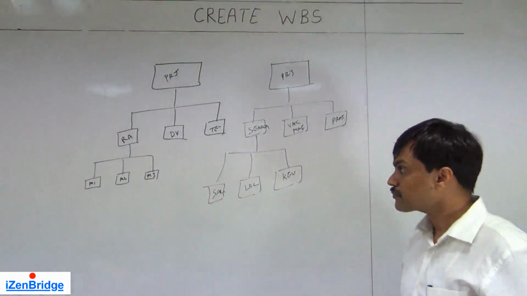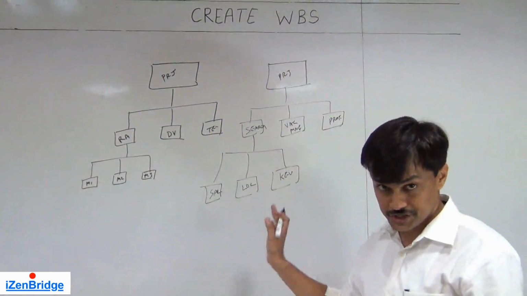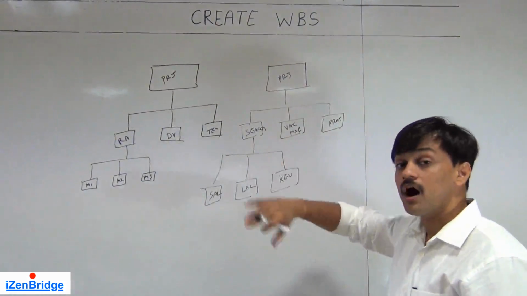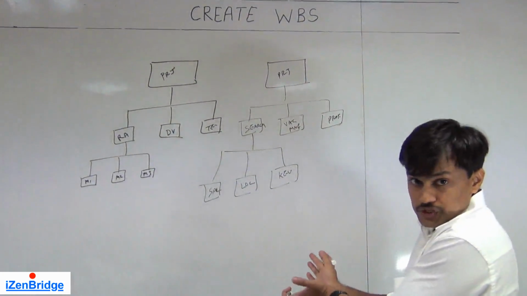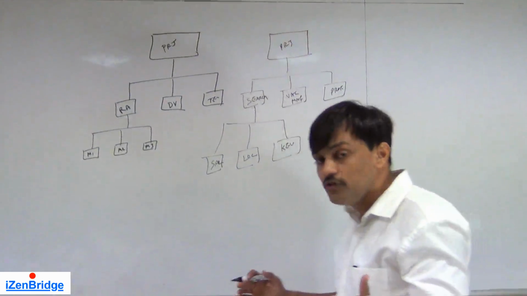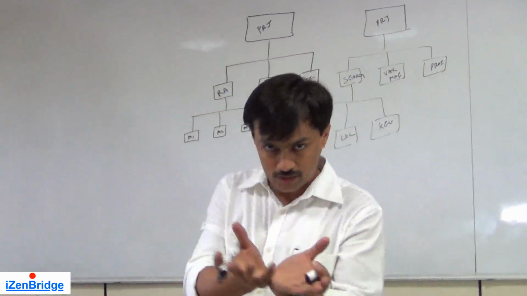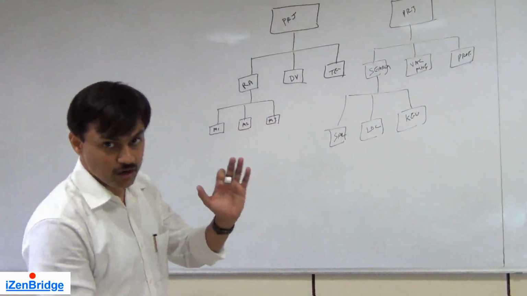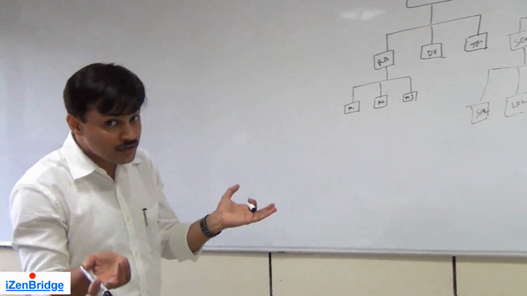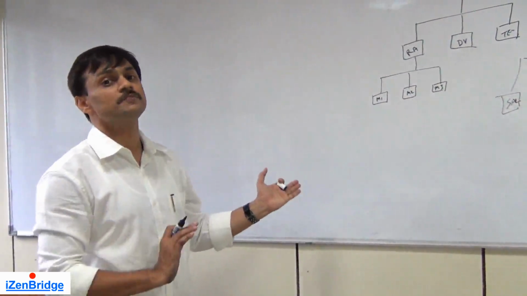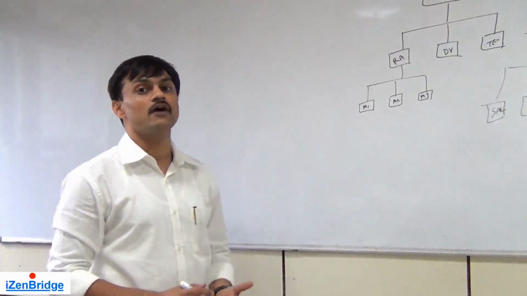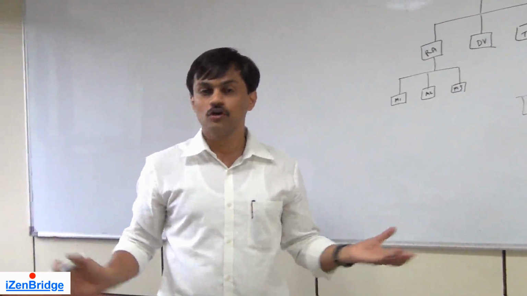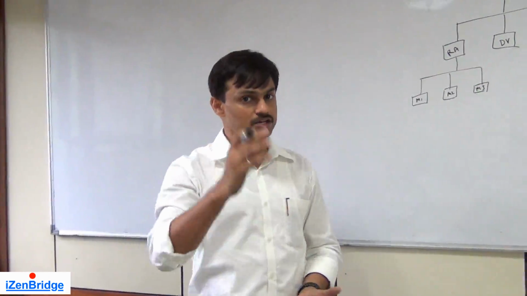Now, how do we create it? Before we understand how we create it, we need to understand what we need to create this work breakdown structure. Simply, we need to know what the work is. Then only can we break the work. And from where do we get the work? The project scope statement, an output of define scope. And we also have requirement documentation, which we received from collect requirements.